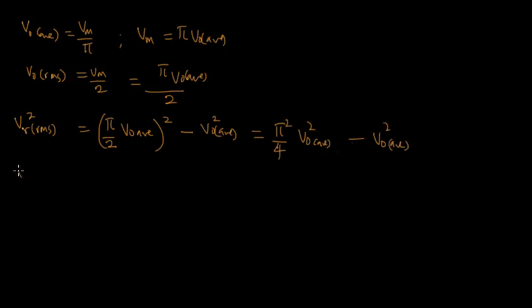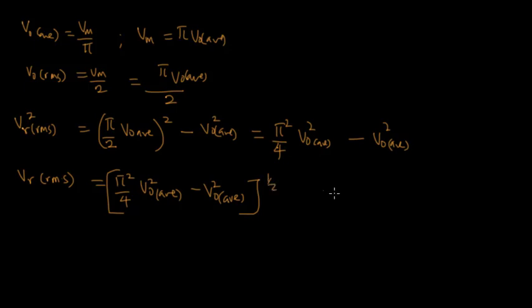And so our V ripple root mean square will be given as the square root of pi squared over 4 V out average squared minus V out average squared, which gives us V out average times the square root of pi squared over 4 minus 1. That gives us 1.21 V out average.